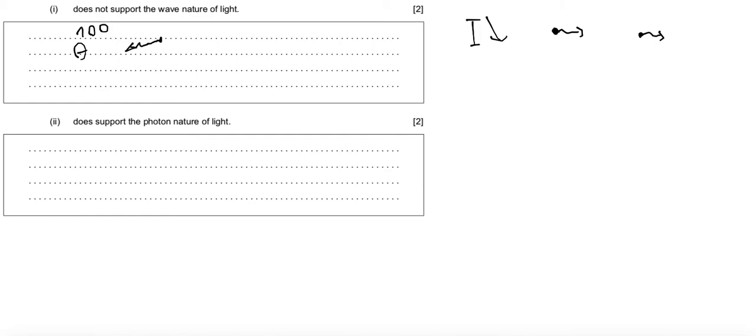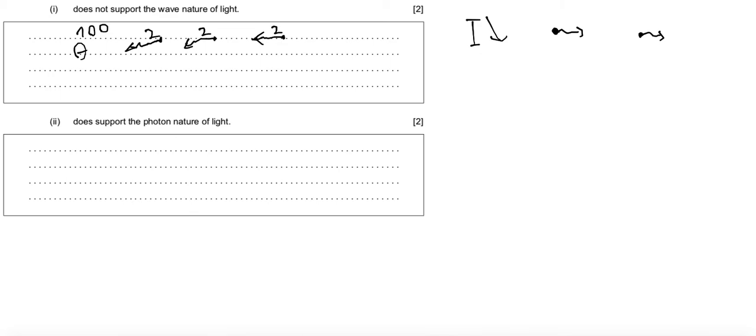If each photon has 2, then if you wait a certain time for 50 photons, the energy should be enough to emit the electron, but with delay. So if the intensity of light is very, very small, in the wave nature of light the electron still can be emitted with delay, but this is not observed.